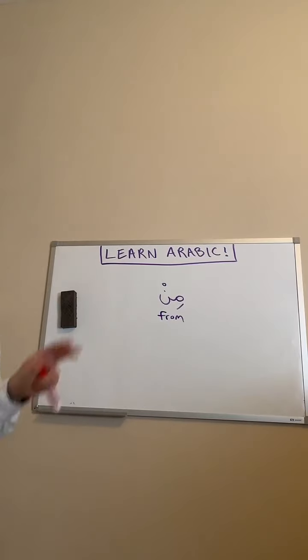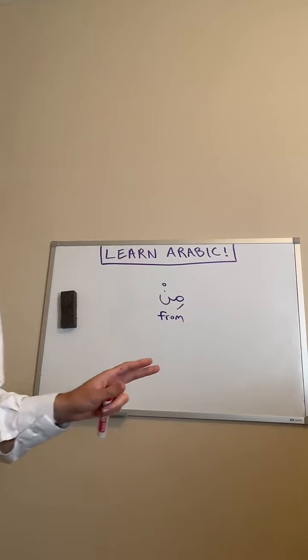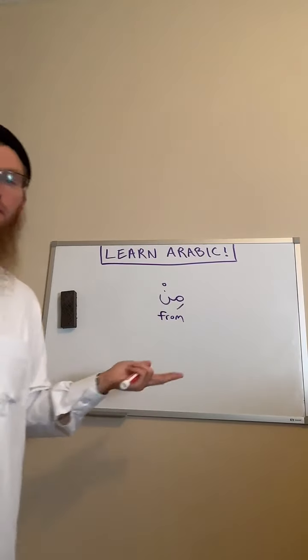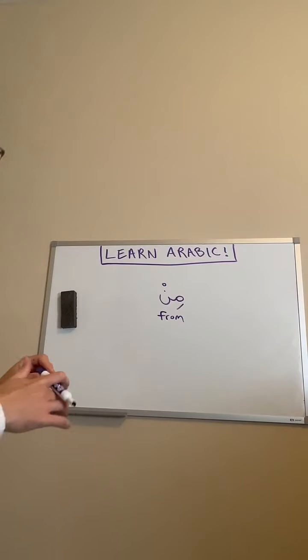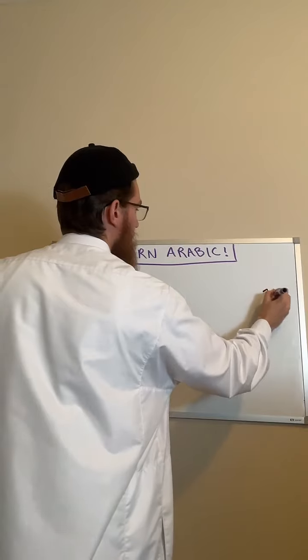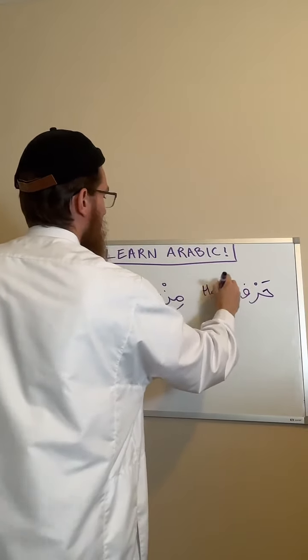From. So by itself, min does not have a complete meaning. By itself, this word min, it does not have a complete meaning. From. Min. Therefore, it would be under the category of harf. It's a harf.